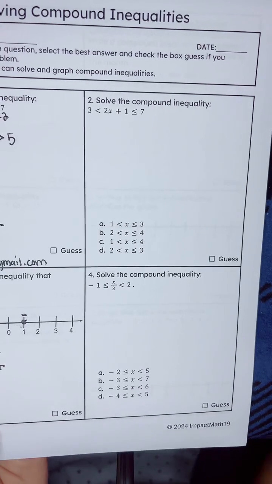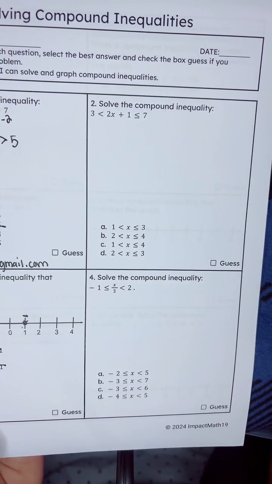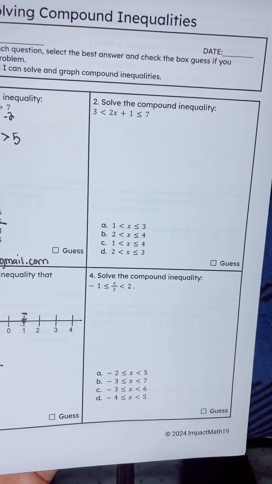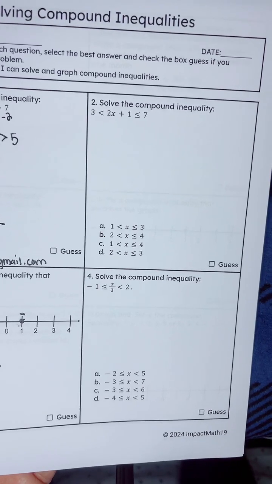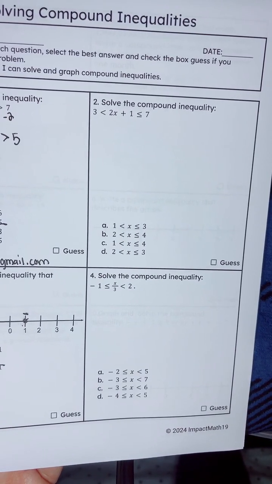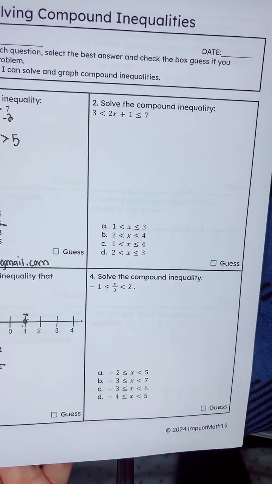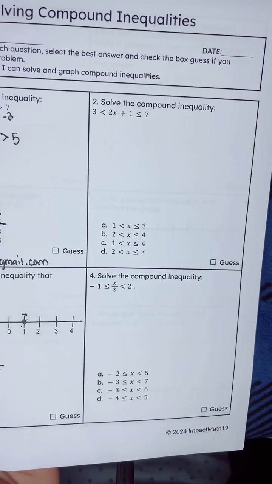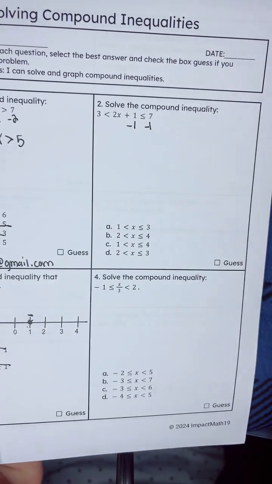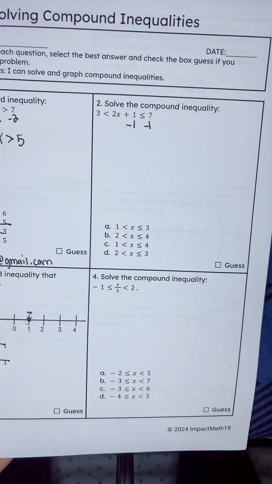I appreciate it. Okay, so number 2 says solve the inequality. What's the first thing that we have to move to the other side, you guys? 1. Good. Subtract 1. Perfect. So I'm going to subtract 1 and subtract 1. Do I have to subtract 1 anywhere else?